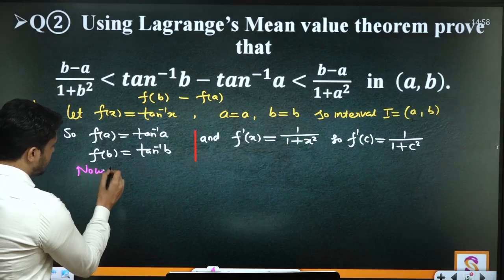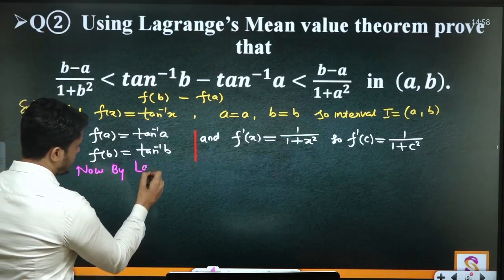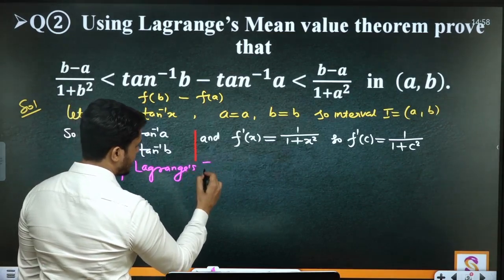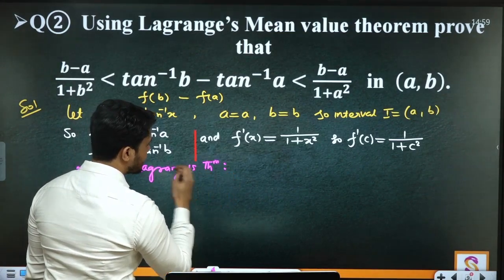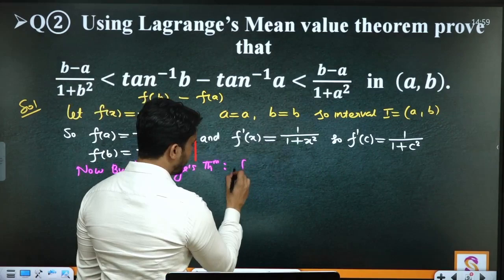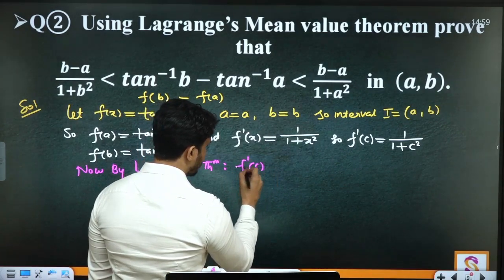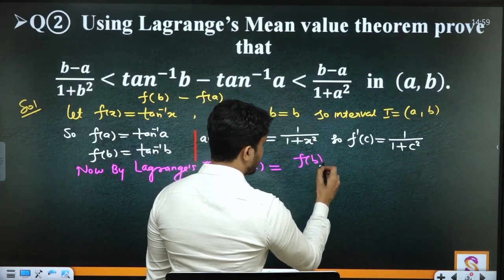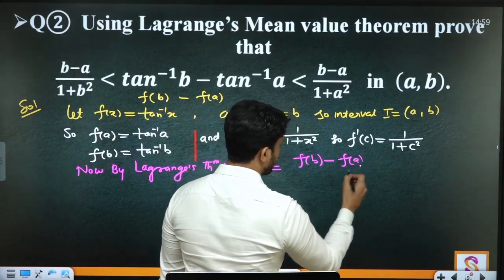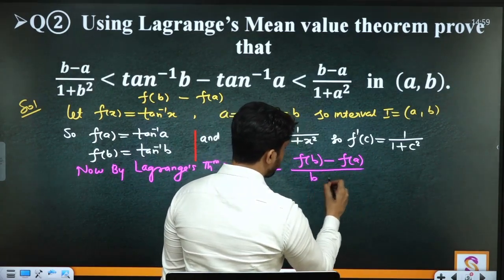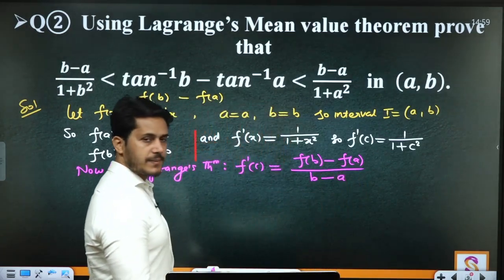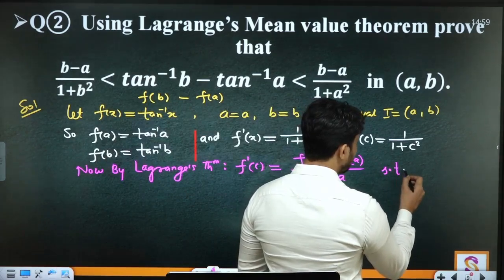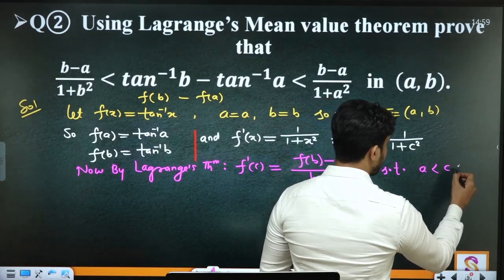Now by Lagrange's theorem, you have to write the statement here that f dash c is equal to (fb minus fa) upon (b minus a), such that a less than c less than b.